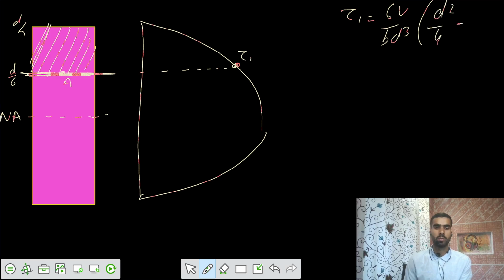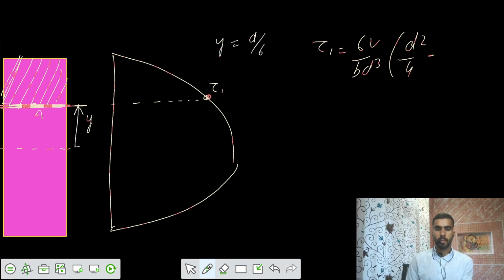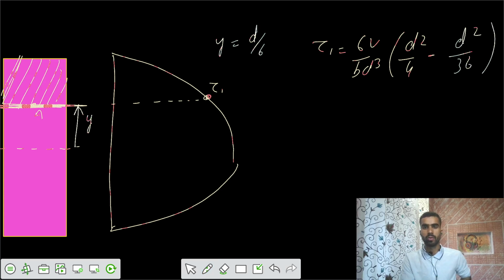What should be the value of y here? Can you say that the value of y is d by 6? If the value of y equals d by 6, that means d square by 36. So I get the value of shear stress at that particular location, that means 4 inverse minus 36 inverse.